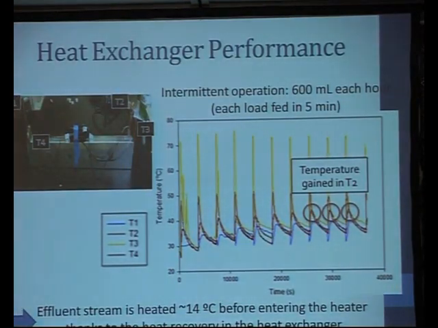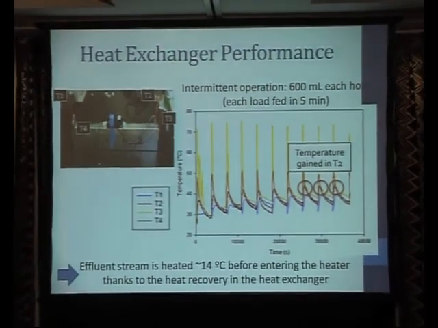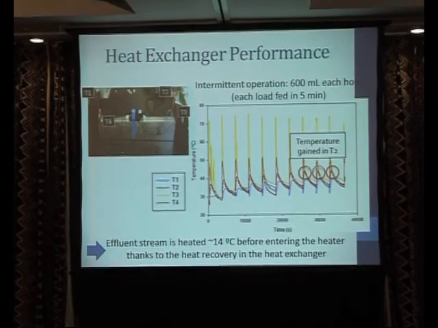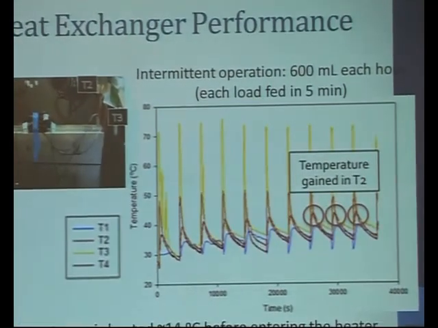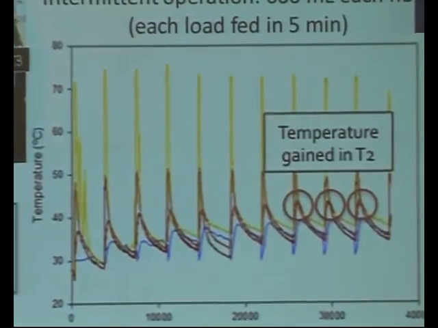Here's just the result of one experiment. We're feeding it again 600 milliliters per hour in 5 minutes. And you can see the legends. Essentially, what it shows is that we're able to heat. You see all those transients because the system is working alternatively. And what it shows is that we can heat the influent by 14 degrees.